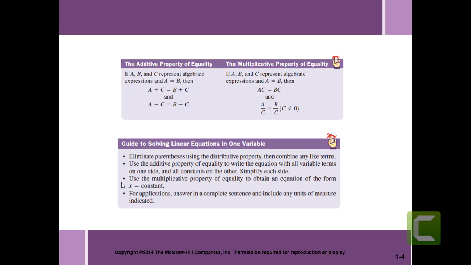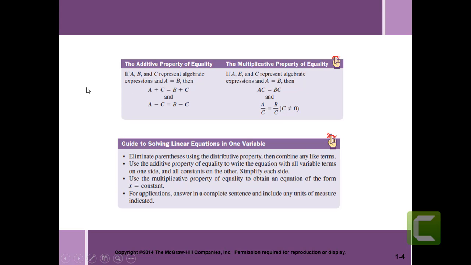The first thing I'm going to start with is some properties. There's the additive property, as you can see here, and it says if A, B, and C represent algebraic expressions, meaning that A is of the form of some algebra expression.